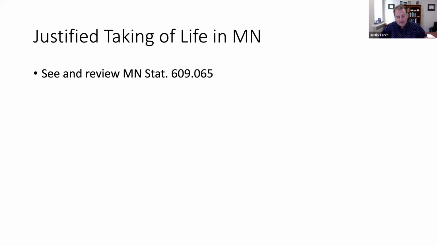So the statute 609.065 says, the intentional taking of the life of another is not authorized except when necessary in resisting or preventing an offense which the actor reasonably believes exposes the actor or another to great bodily harm or death, or preventing the commission of a felony in the actor's place of abode.